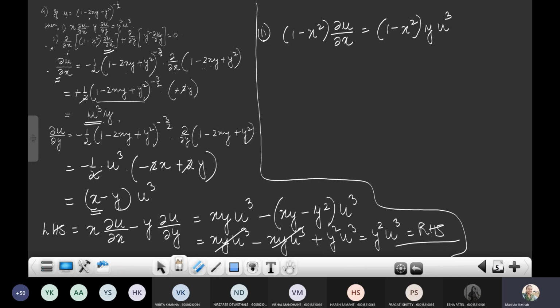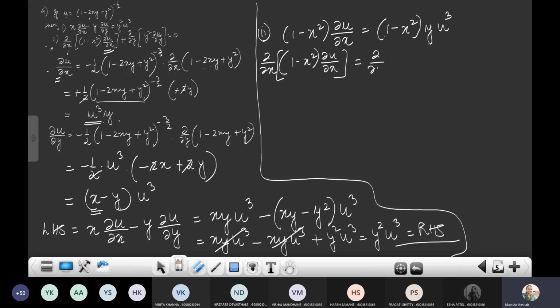When I am differentiating with respect to x, y will behave as a constant, so I don't have to multiply. Now, del x of 1 minus x square into del u del x is what I want to evaluate.